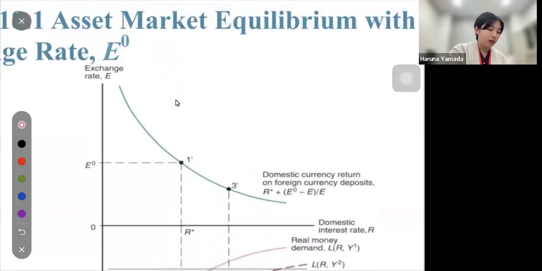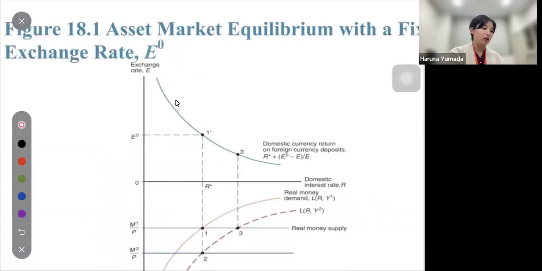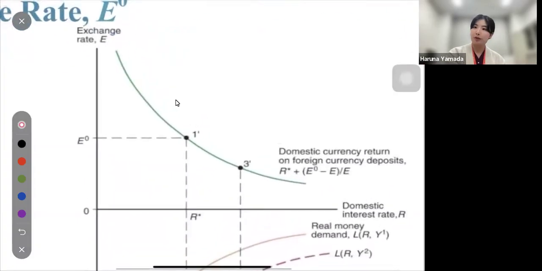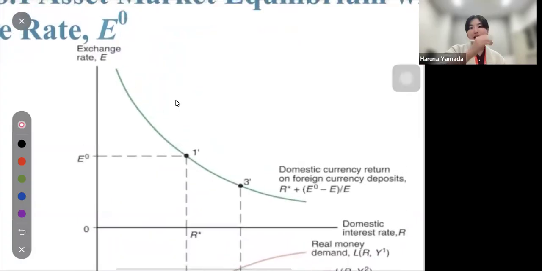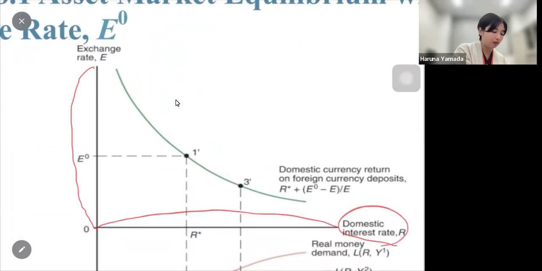If you are taking B1, you're already familiar with this graph, unfortunately. In the upper graph, the vertical line is exchange rate, and the horizontal line is the domestic interest rate, R.